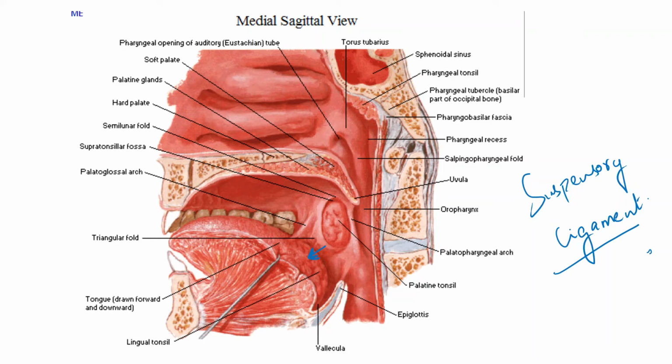This suspensory ligament is very important as it acts as one of the factors in keeping the tonsils in position. So the suspensory ligament is nothing but a band of fibrous tissue which connects the tongue with the palatine tonsil.